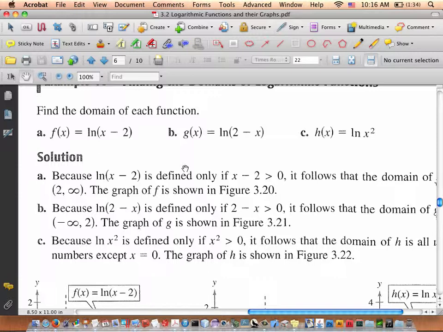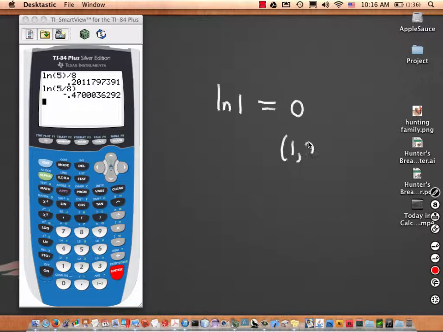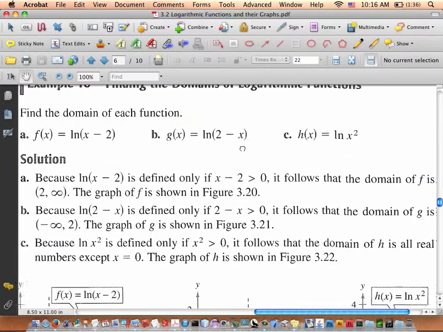So what does the x-intercept become if it goes to the right 2 units? 3, 0. It was originally at 1, 0. Now it's 3, 0. That's the key point of the natural logarithm, and I'll show you why. The natural logarithm of 1 is 0, so that's the ordered pair 1, 0 right there.